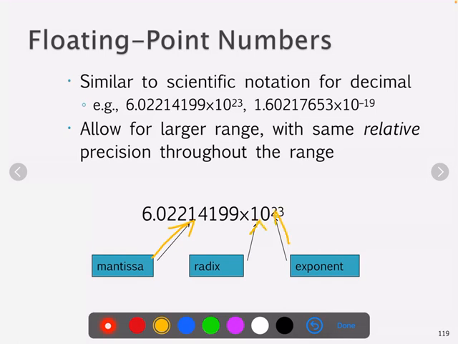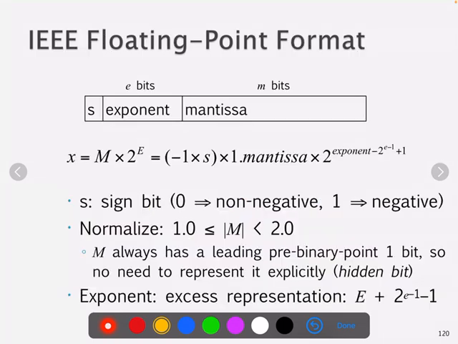This is a floating point representation of a number. Here s is the sign, either 0 or 1. 0 is non-negative, 1 is negative, followed by the exponent of e bits and the mantissa of m bits.